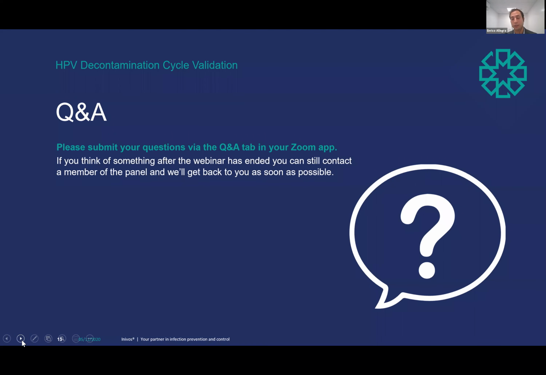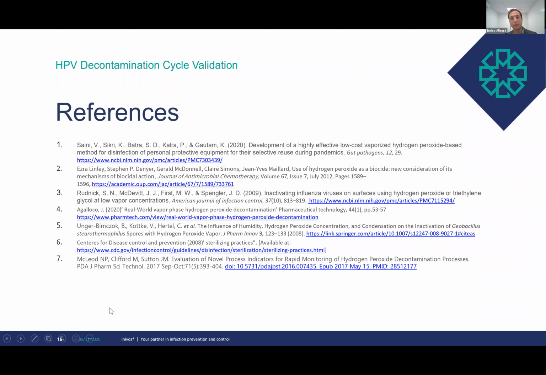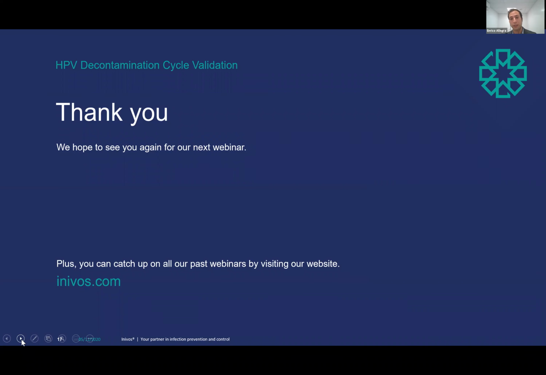I heard that some people try to validate chemical indicators, which, as you mentioned before, are just a one-point parameter, which is incredibly difficult to correlate with efficacy of killing microorganisms, and I really think it's not possible.